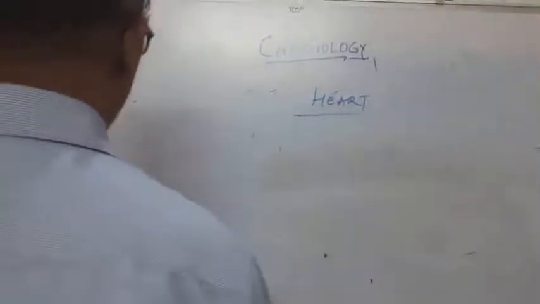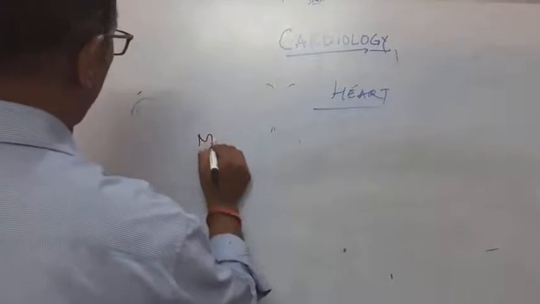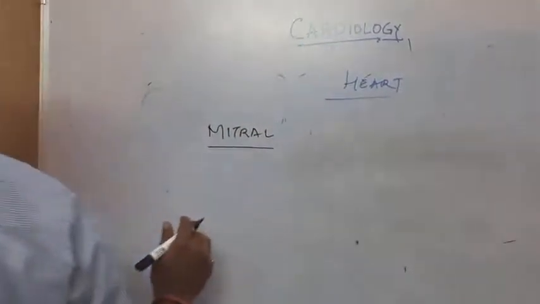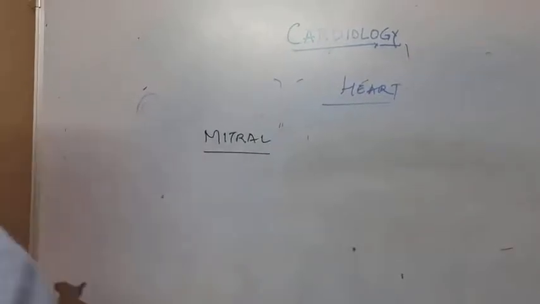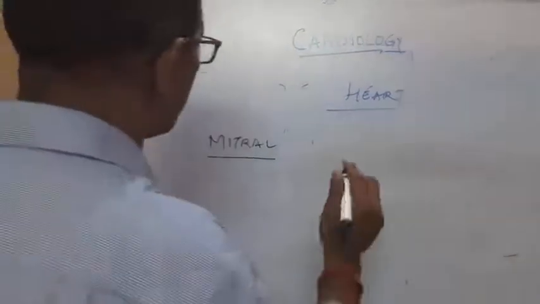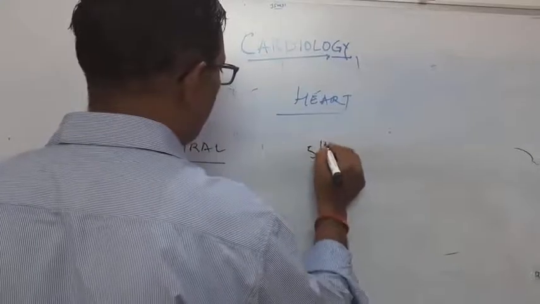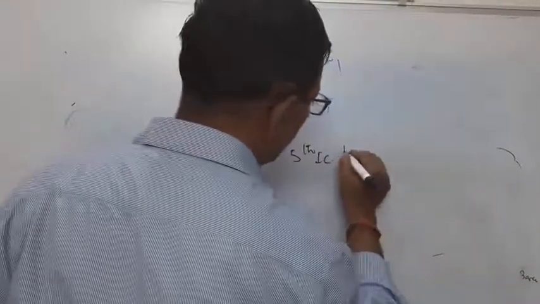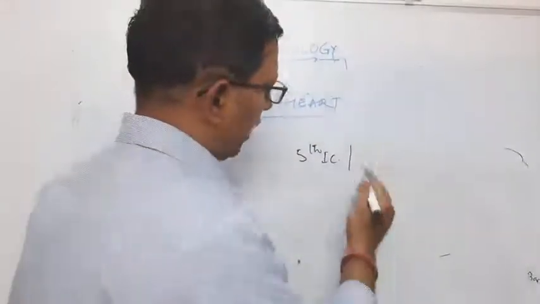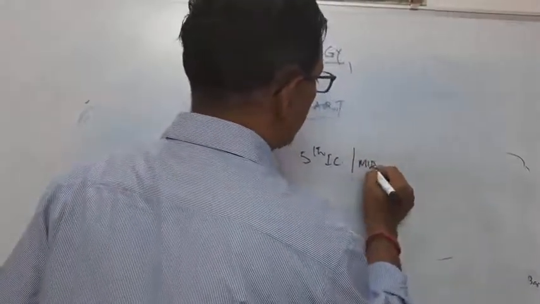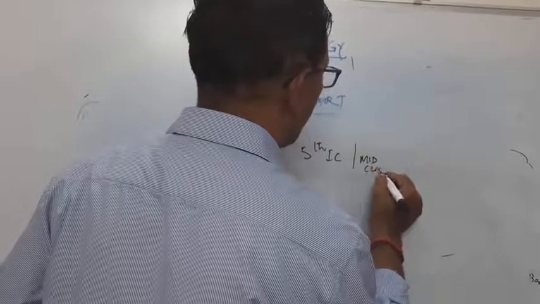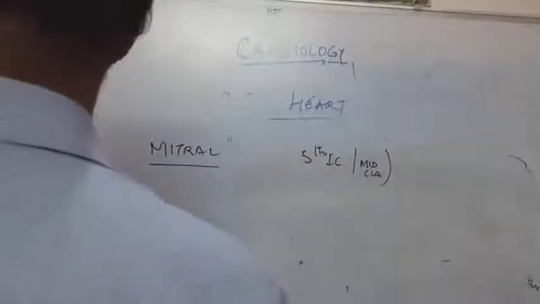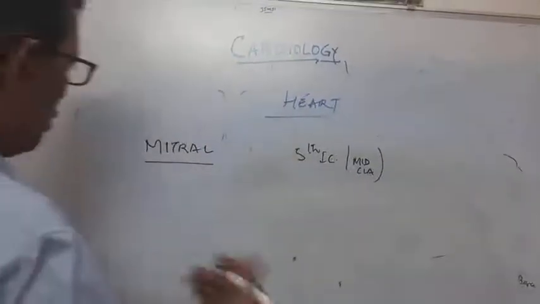First I write the mitral area, where you need to auscultate. The mitral area is the fifth intercostal space, in the mid-clavicular line, just inside your apex beat. Now, how do you take it?